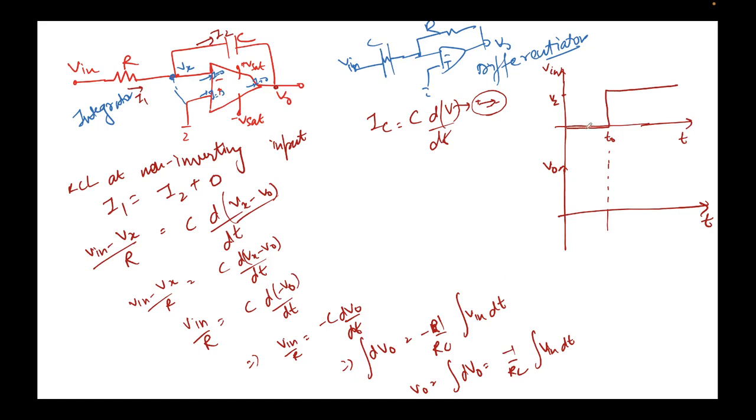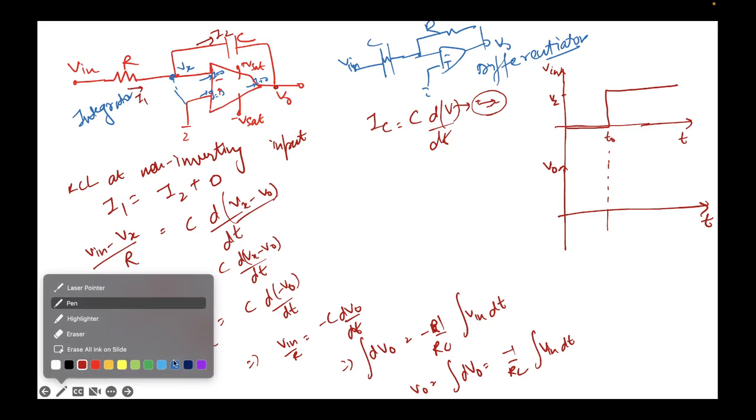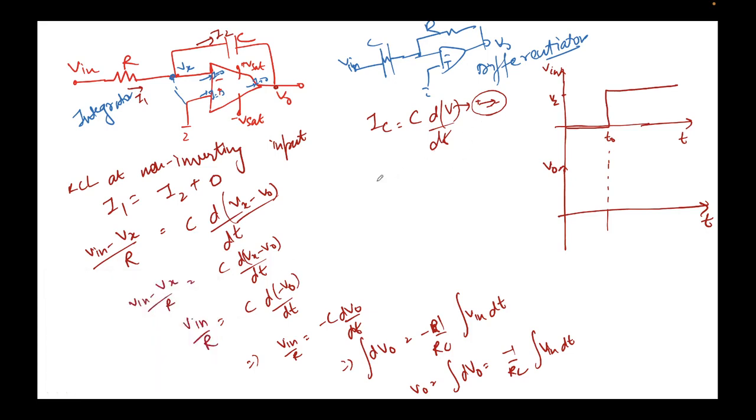Okay, so let's integrate from t equal to 0 to t equal to t0. Let's see what values we get.